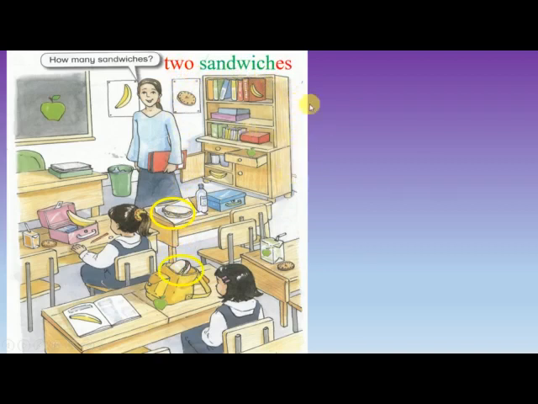Let's continue with the apples. How many apples? Let's count the apples and we can circle them in your books. 1. Who can find the second apple? Very good. Here. And here you have 1.